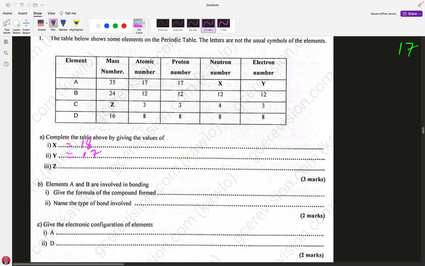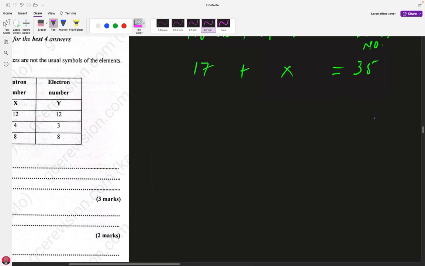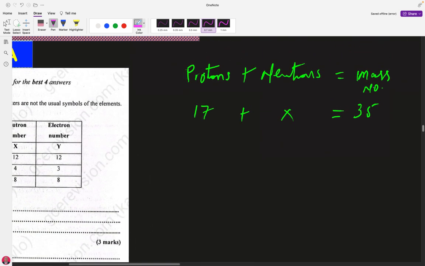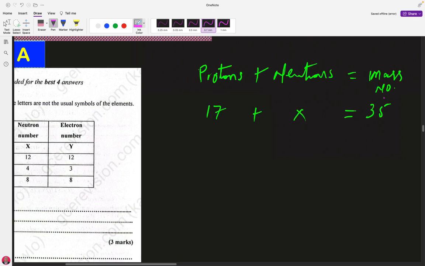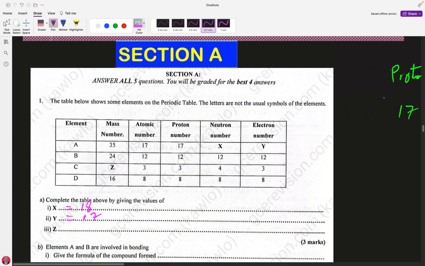As I told you, the mass number is the number of protons and the number of neutrons. So for element C, the number of protons is 3 and the number of neutrons is 4. So 3 plus 4 gives 7. So Z is equal to 7.